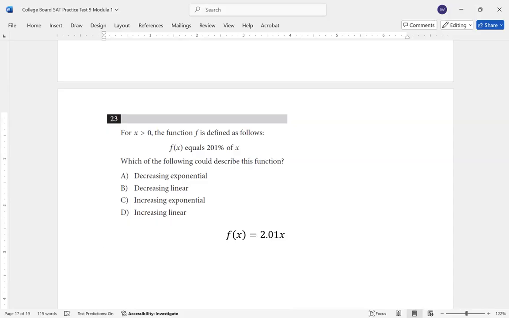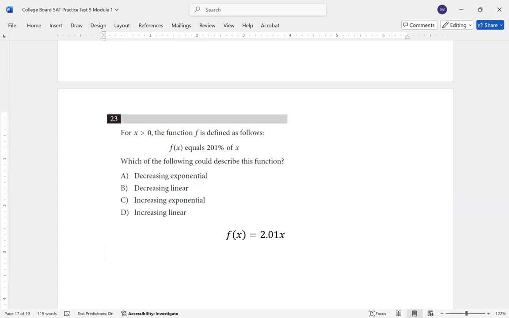So we're not growing by 201% every time. That would be a different type of scenario. We're multiplying by 2.01 every single time. So take whatever x value you have, plug it in, you take 2.01 times x, and that gives you your output.